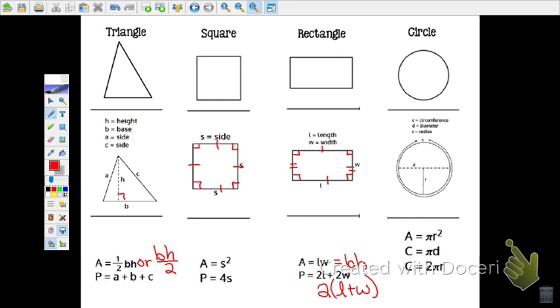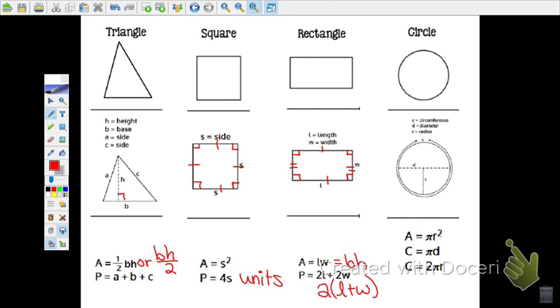Other thing that I want to remind you of is labels. When we're finding perimeter, area, circumference, we need to label our answers. Okay, perimeter, circumference, okay, we're going to be using whatever the unit of measure is, whether it be centimeters, inches, feet, whatever the case may be. If they do not give you a unit of measure, you are going to use the generic term units. Okay, so you're always going to have a label of some kind on your answers.